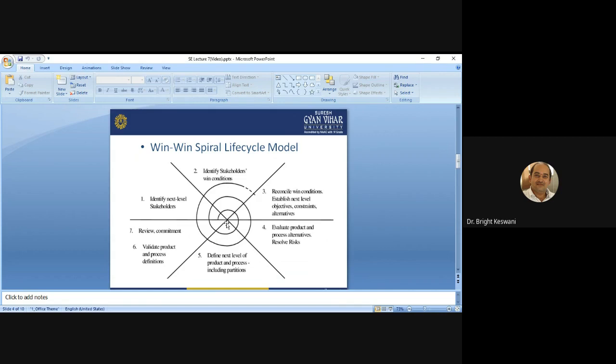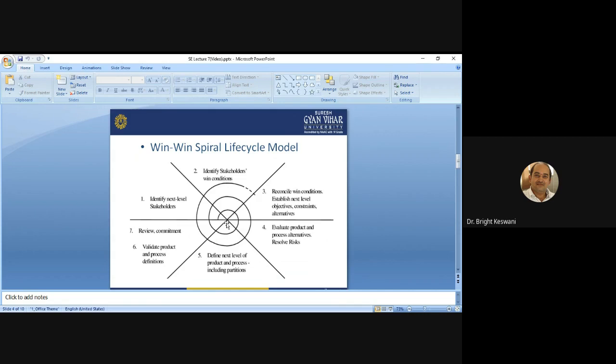First is to identify the system's stakeholders and their win conditions, and the second is reconciling win conditions through negotiations to arrive at a mutually satisfactory set of objectives, constraints, and alternatives for the next level. You can see in the illustration there are seven steps in a win-win spiral model.